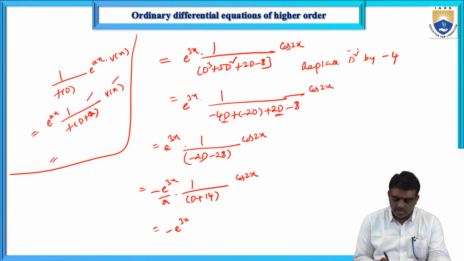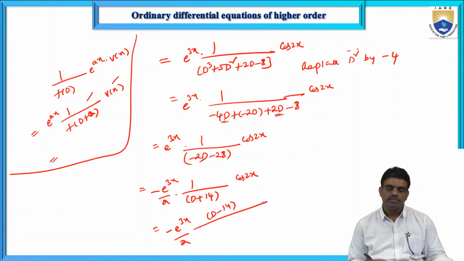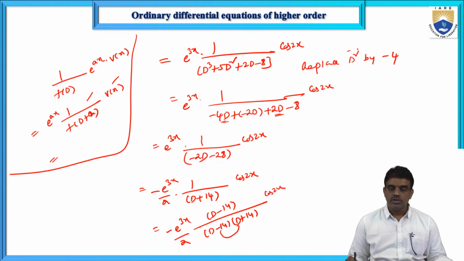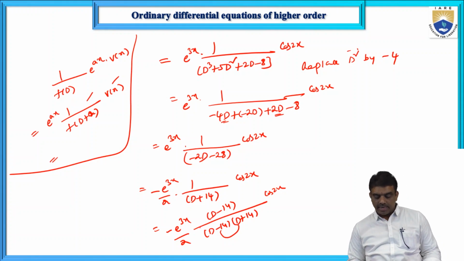Now minus e power 3x by 2, so multiply and divide with D minus 14. D minus 14, already D plus 14 is there, of cos 2x. So that these two values will become (a plus b) into (a minus b). So what you will get?